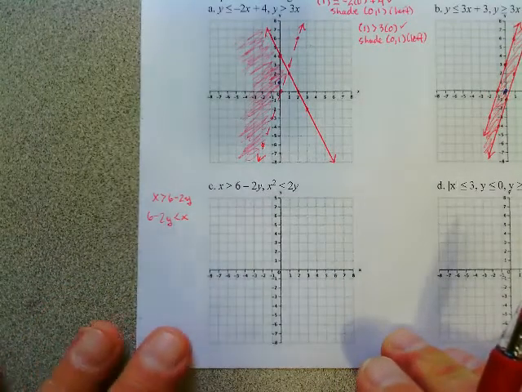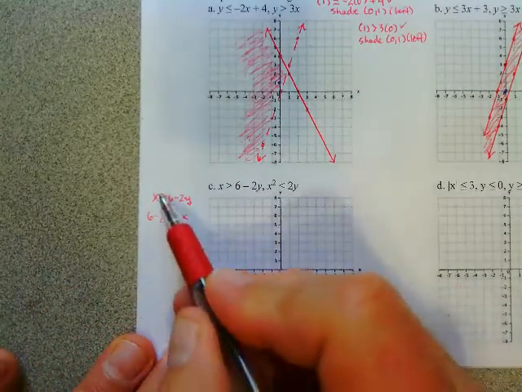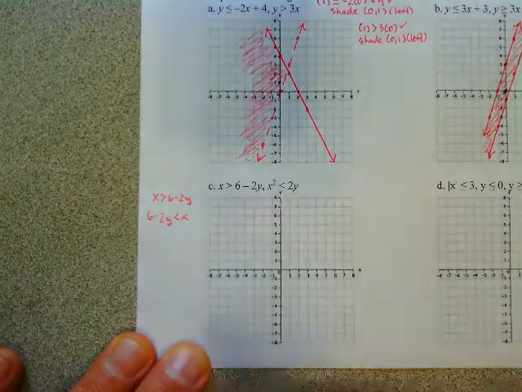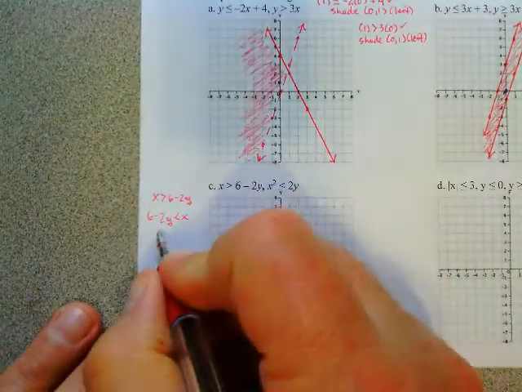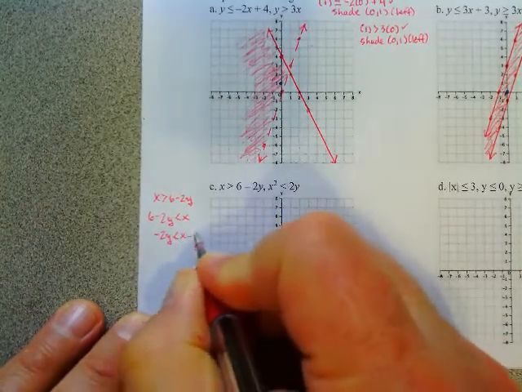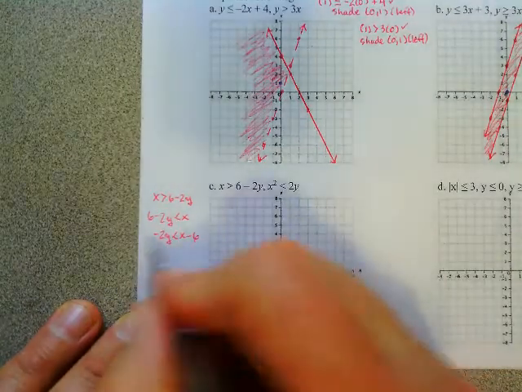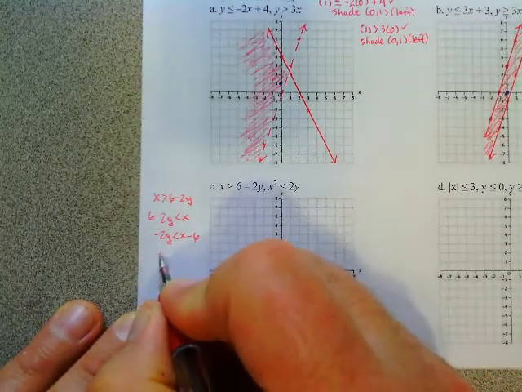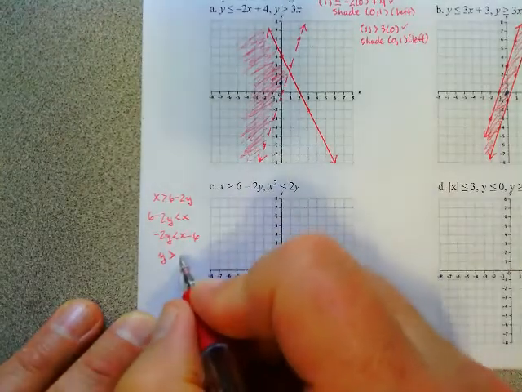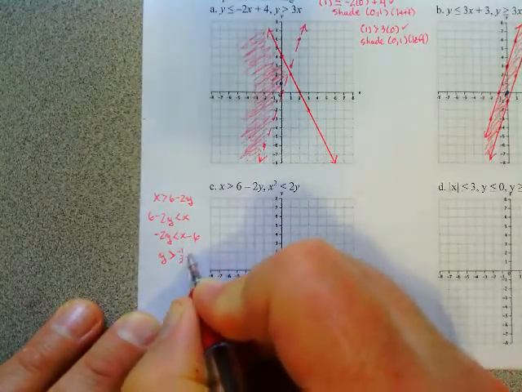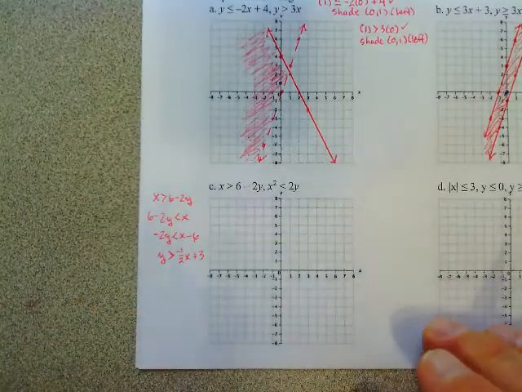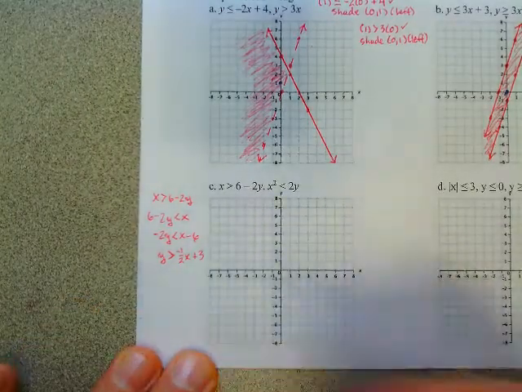Note I just switched both sides, and so the less than side still faces the 6 minus 2y part. Okay, move the 6, and we have negative 2y is less than x subtract 6. And then divide everybody by negative 2, which means I have to switch this to greater than, and then we'll have negative 1/2 x plus 3. So this will go through 3 on the y-axis, but its slope is negative 1/2.